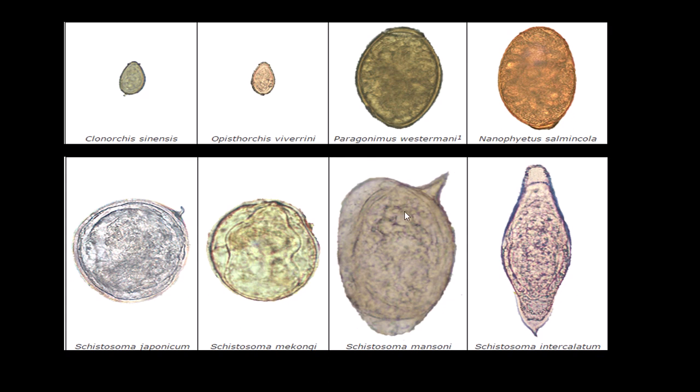So in all of these, you have to know the life cycle, and we will be talking in detail when we talk about the schistosomes about these worms, the life cycle and the pathology that is associated with these worms.